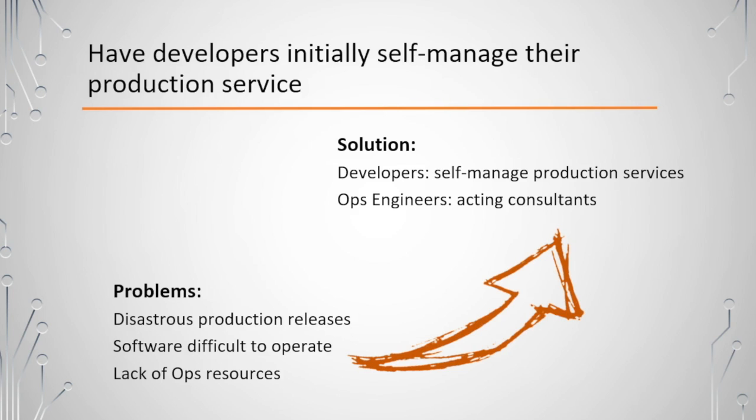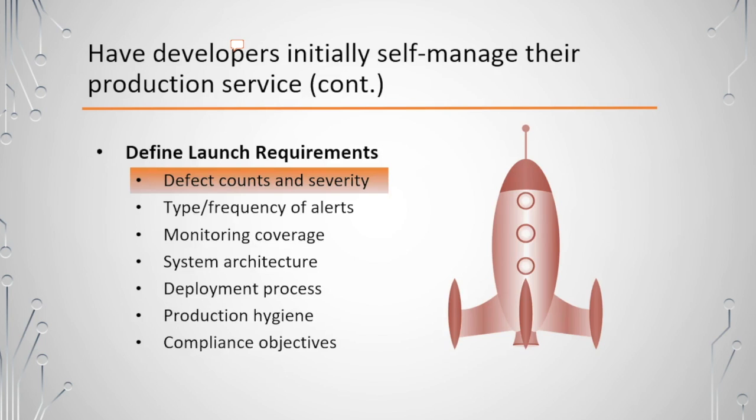For this solution to succeed, and also to reduce risk, organizations should establish launch requirements and guidelines that developers must meet before releasing code into production environments. These requirements should include the following questions. Does the application actually perform as designed? Is the application generating an unsupportable number of alerts in production?